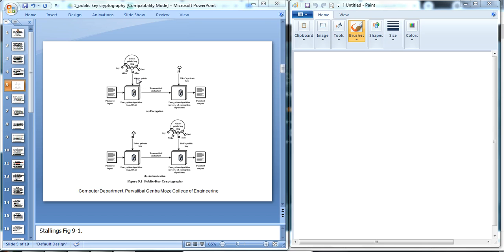This is Alice's public key. Bob uses Alice's public key to encrypt the message and sends the ciphertext to Alice. Alice uses the private key to decrypt it and get the plaintext again. This is simply the encryption method. We will learn about the authentication process in a later part. This is the public key cryptography process.